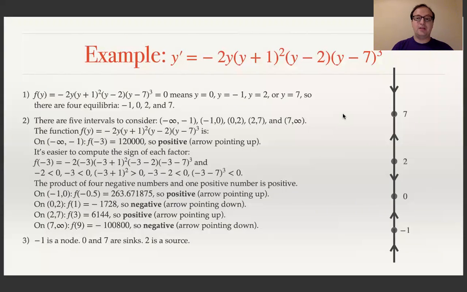All right, this is the final example for today. y prime is equal to minus 2y times (y plus 1) squared times (y minus 2) times (y minus 7) cubed.